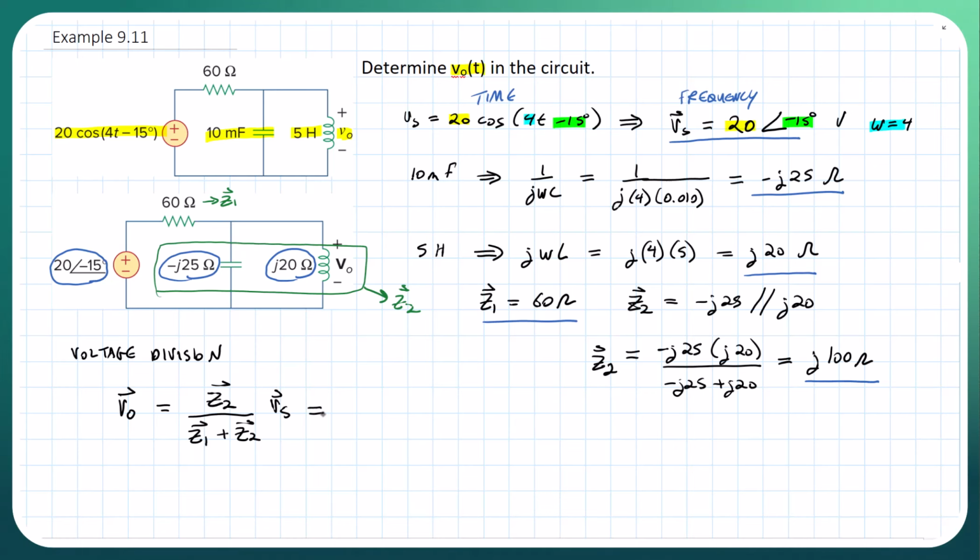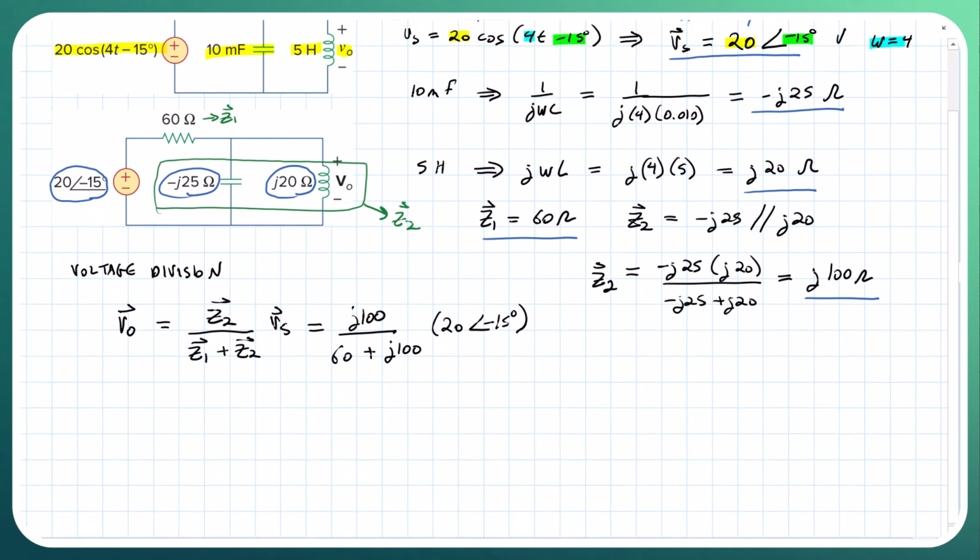And all of those are known, so it's just a matter of plugging them in. So we got j100 over 60 plus Z2, we said was j100, and then our voltage source was 20 at an angle of minus 15 degrees.